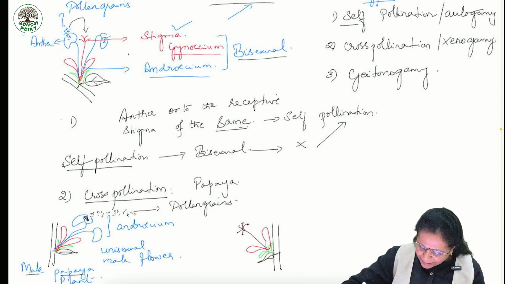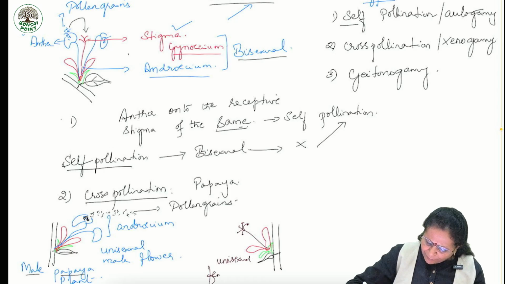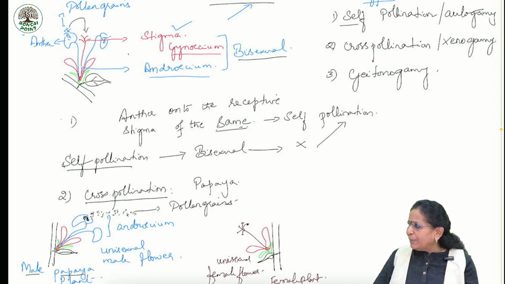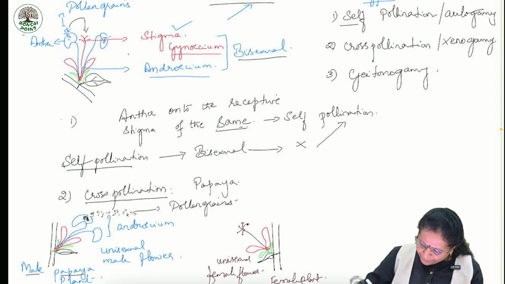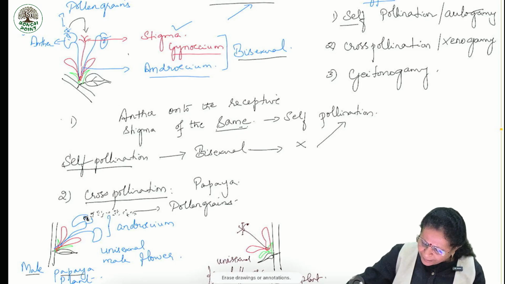Thereby, what is this now? This is a unisexual female flower. And this is a female plant of papaya. Let me just show you again here.